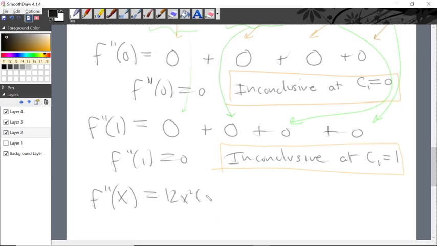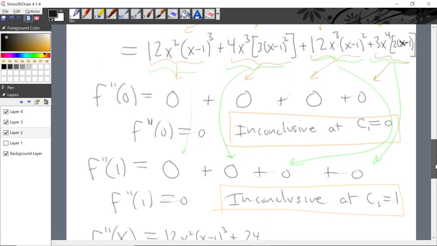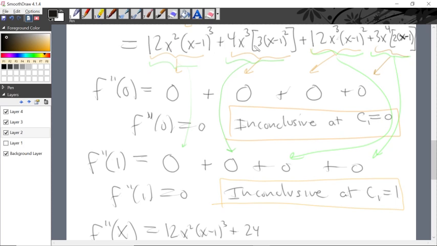So 12x squared times x minus 1 cubed, plus 24. We have 12 here and 12 here, so 24x cubed times x minus 1 squared, plus 6x to the 4th times x minus 1.